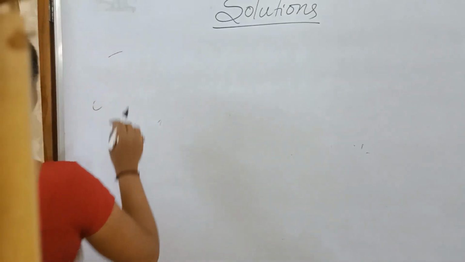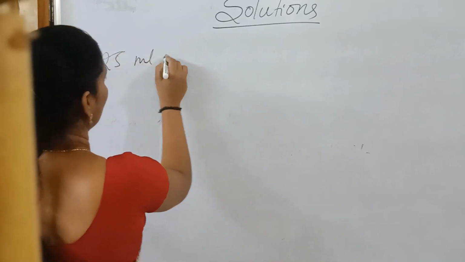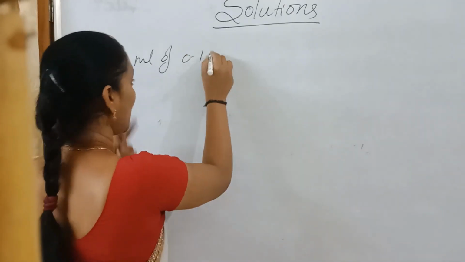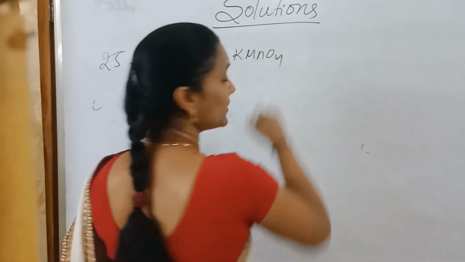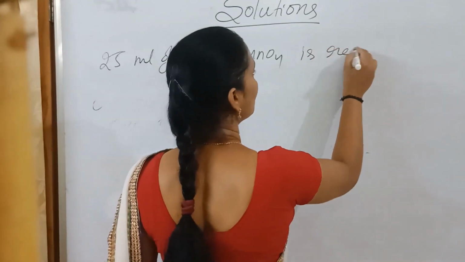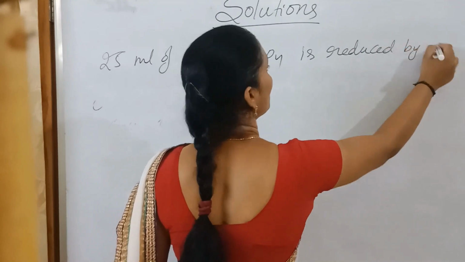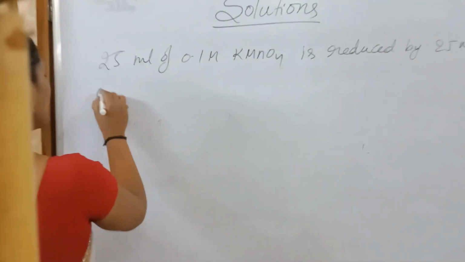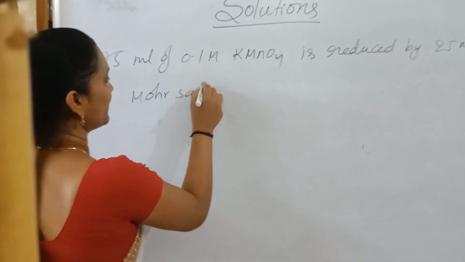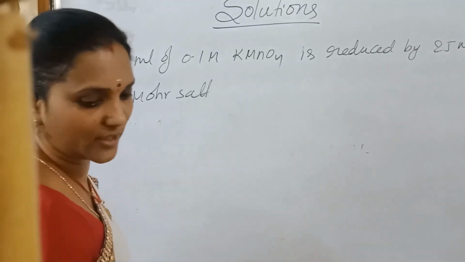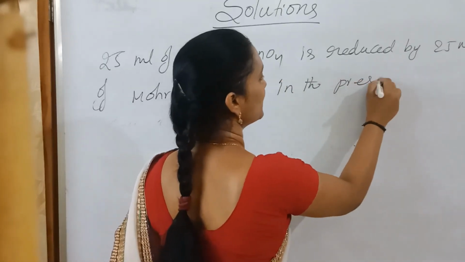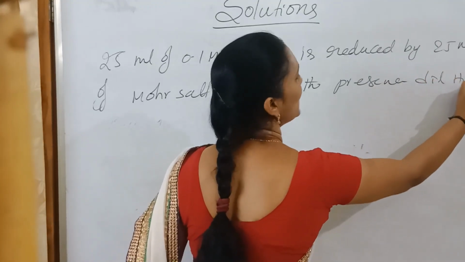25 ml of 0.1 M KMnO4 is given. KMnO4 is reduced by 25 ml of Mohr's salt solution in the presence of dilute H2SO4, nothing but in acidic medium.